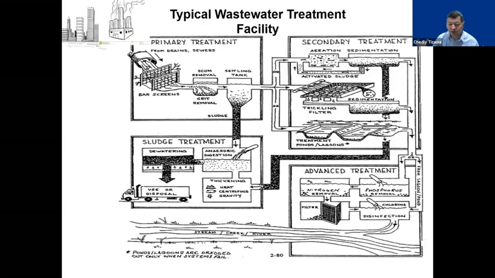These rocks or stones have gaps between them, and those gaps bring in air and oxygenate that environment. So you have oxygen naturally coming into the environment, you have the wastewater percolating through those rocks, and you have the rocks containing the microbes that you need for the treatment. That's the trickling filter concept.